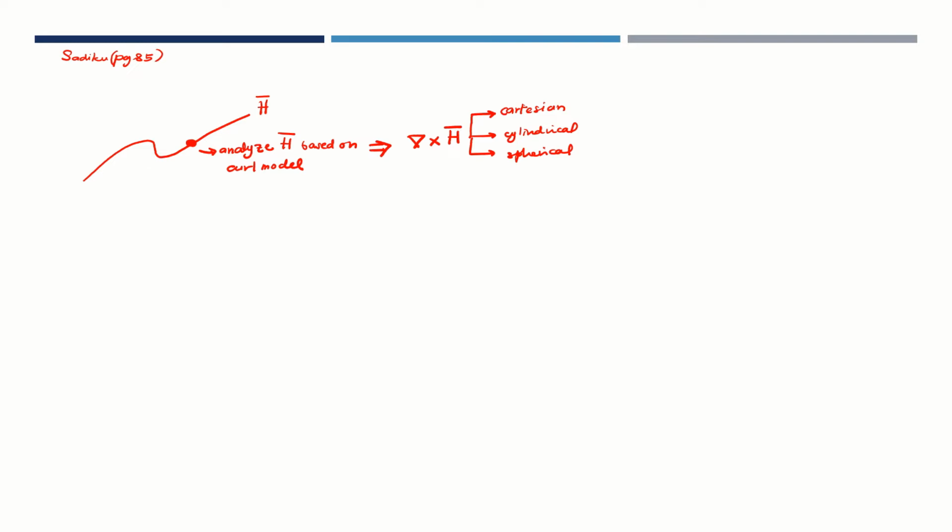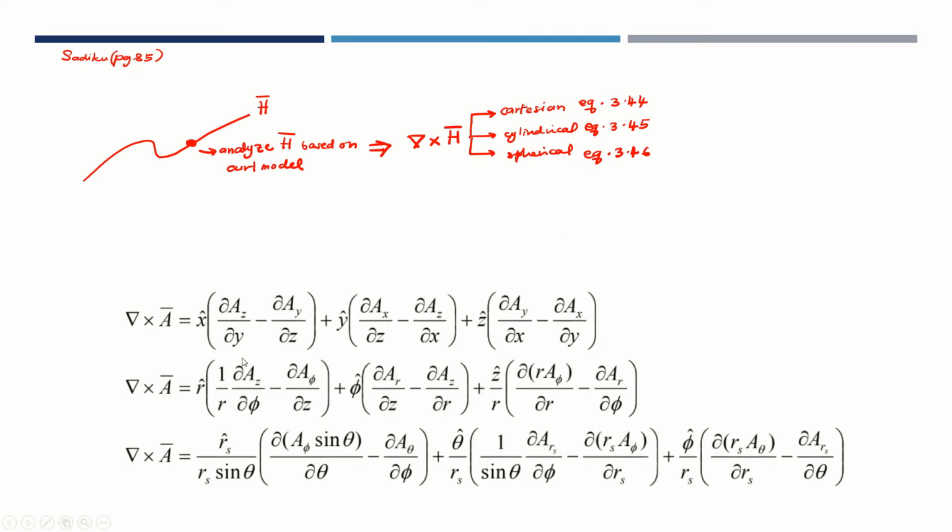What we have learned before is always connected. If you have the Sadiku book, the Cartesian form is in page 85 as equation 3.44, cylindrical as equation 3.45, and spherical as equation 3.46.